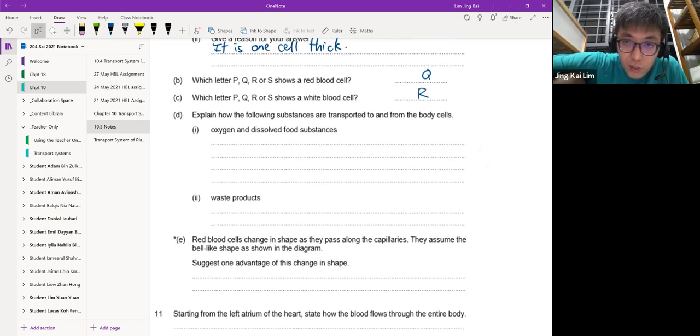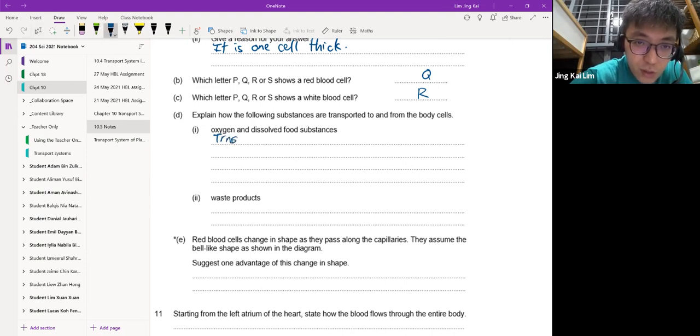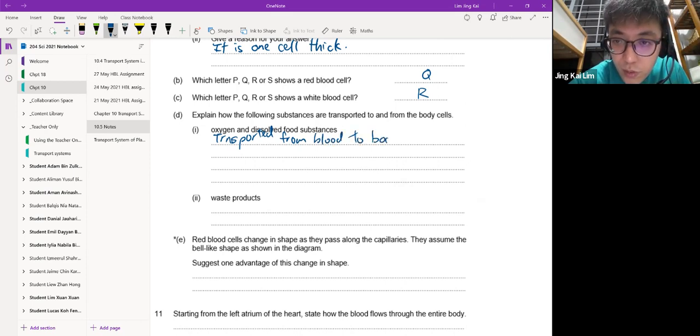Explain how the following substances are transported to and from the body cells. Okay, so this one is a bit long. Okay, so basically they transfer the substances, oxygen and dissolved food substances, from blood to body cells by the process of diffusion.